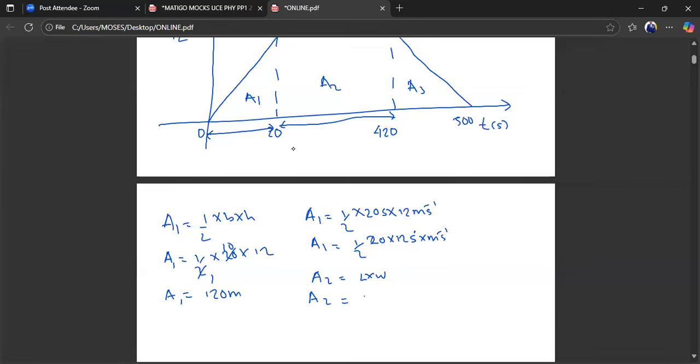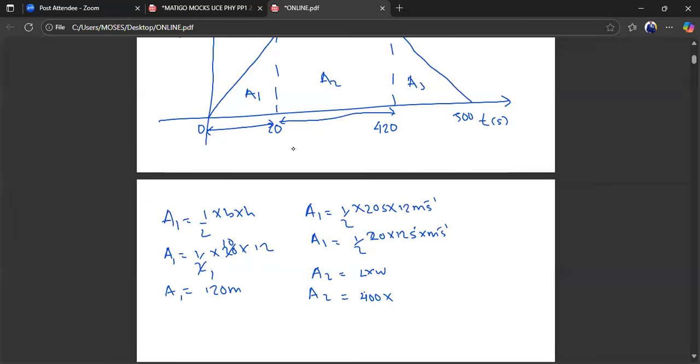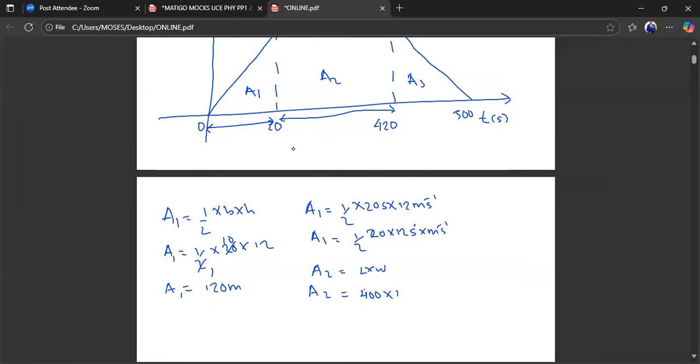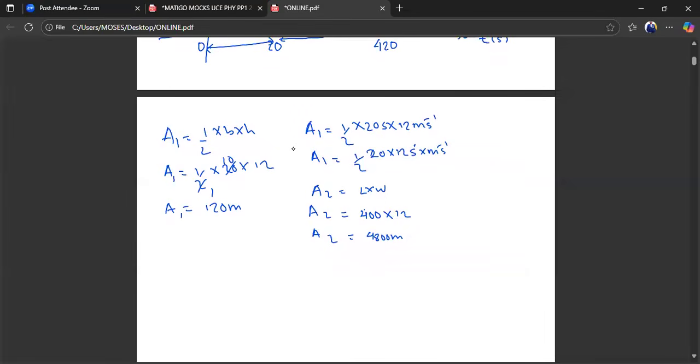Our length is 400 and our width is 12. So my A2 is going to be 4800 meters. Though this one was already given, so there was no need of us calculating it.